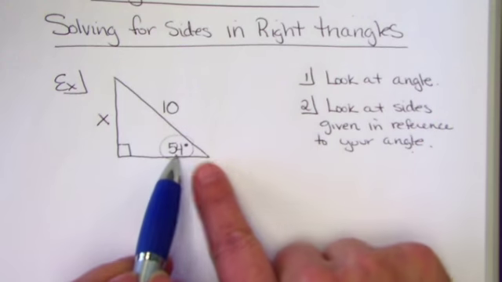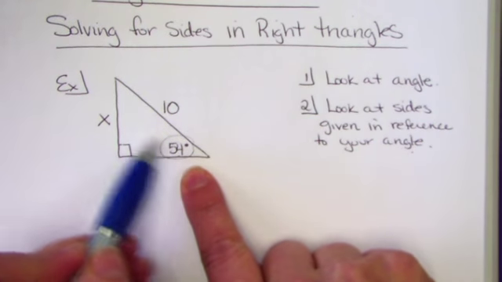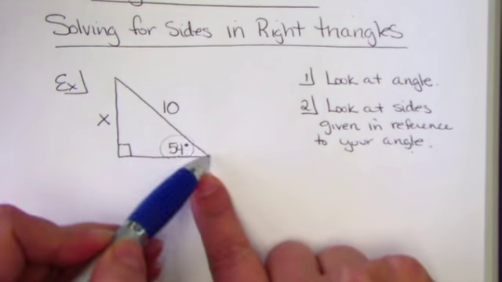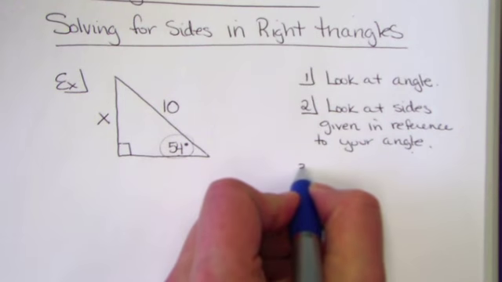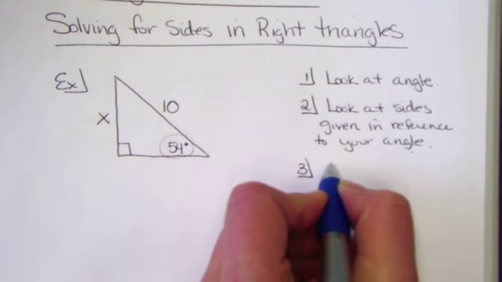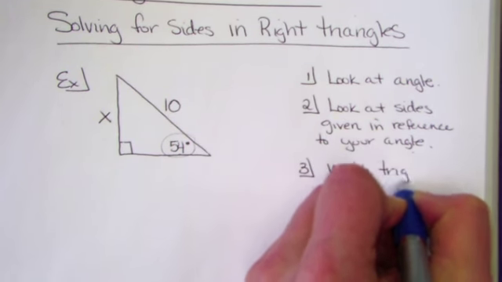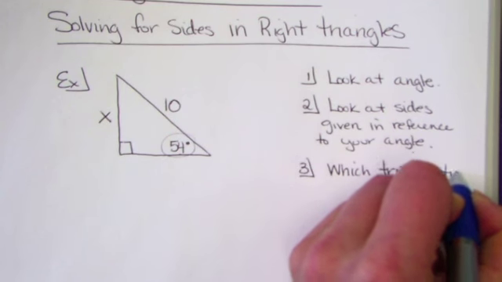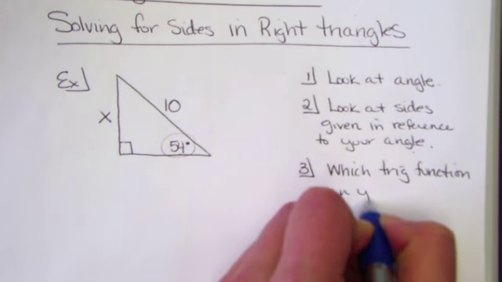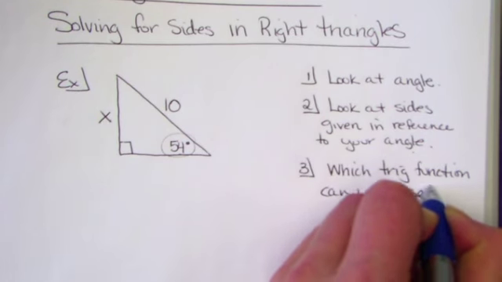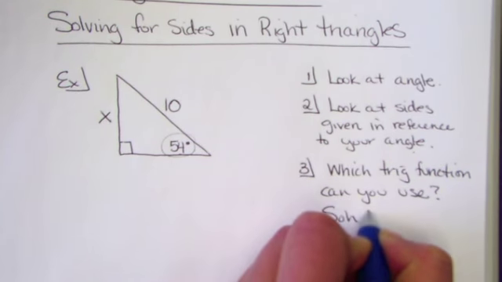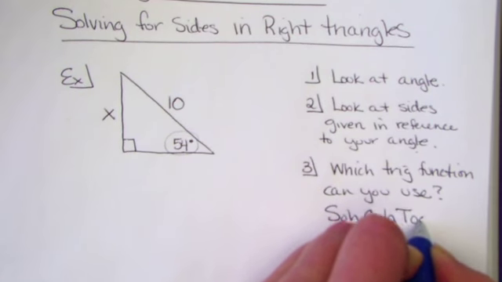Well, when I look at my angle, I'm given an opposite side and I'm given a hypotenuse. So step 3, which trig function can you use? And remember, we're using SOHCAHTOA.